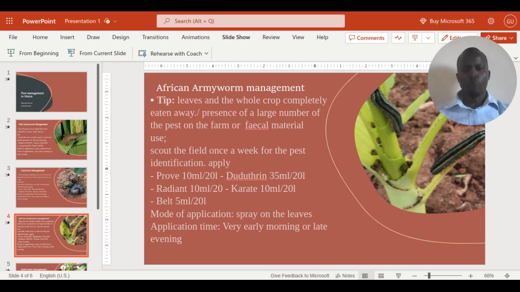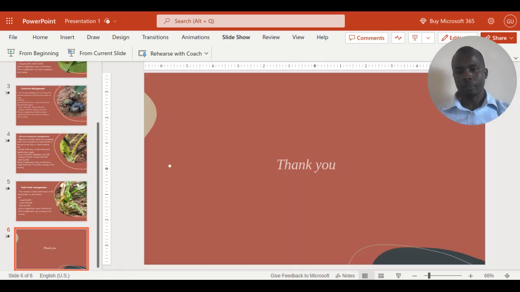Most commonly, I will always prefer Belt and Karate. Once you apply the two and they are not active, or there's no positive feedback, then you can try other pesticides. Mode of application, just as for fall armyworm, you spray on the leaves, very early in the morning or late in the evening.